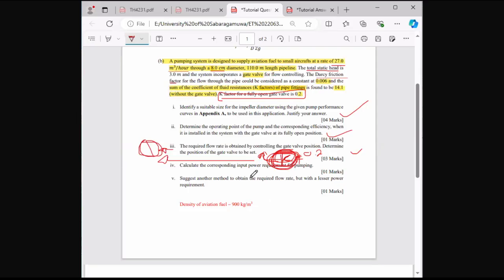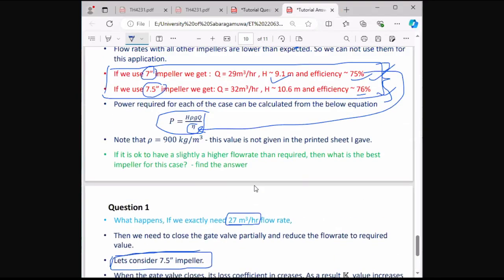Then calculate the corresponding input power requirement for pumping. You can calculate using this equation: efficiency equals P out divided by P in.